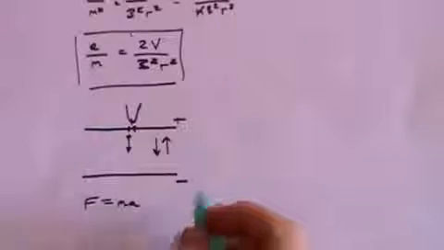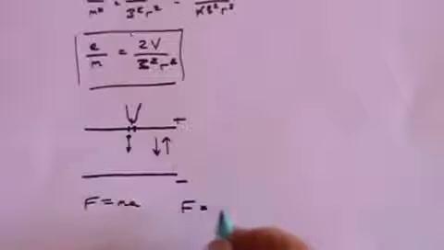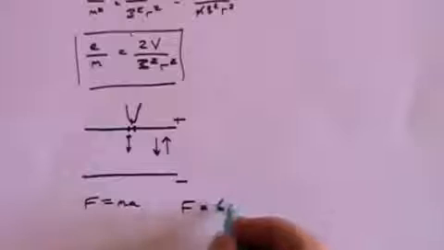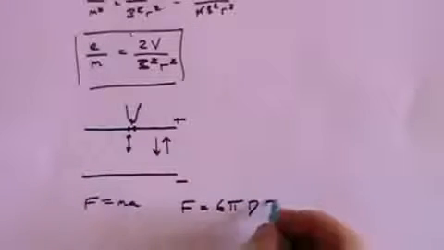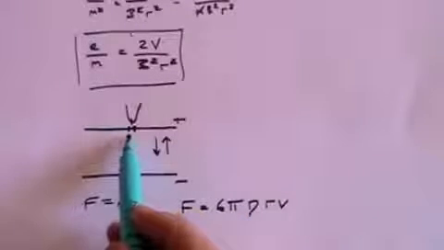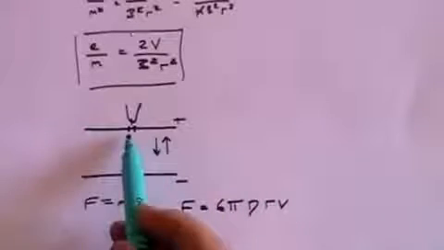Now, we don't need to prove this, but it just so happens that the viscous force is given by 6 pi eta r v, where pi, of course you know, eta is what's called the viscosity of air, r is the radius of the particle that's falling, and v is the terminal velocity.